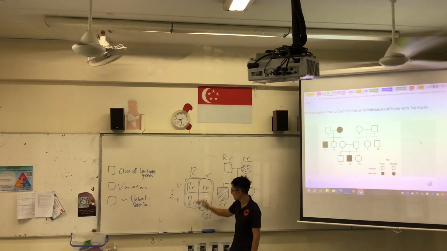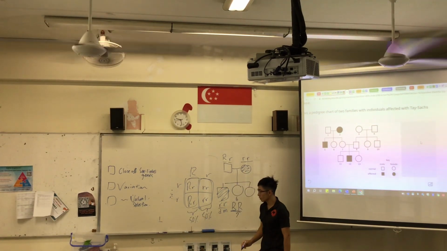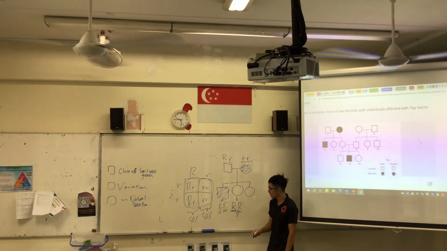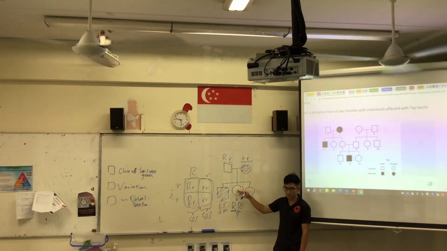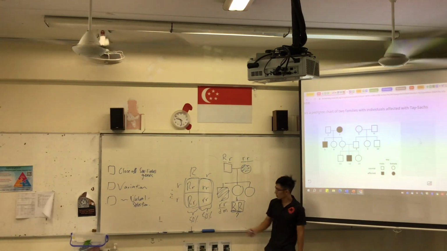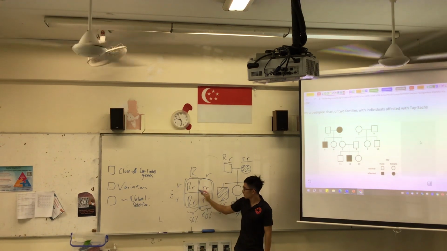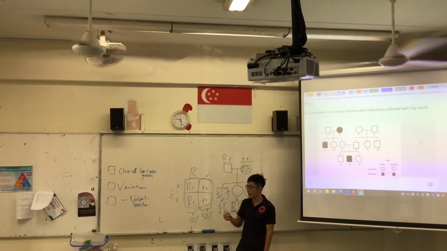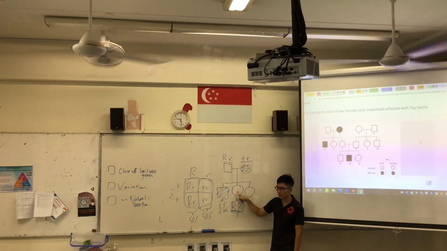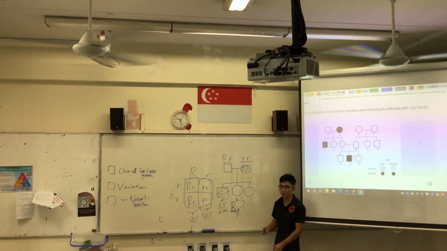There's also a 50% chance that the individual is not affected. The question is asking you, what's the probability that this individual who is not affected has this particular genotype? But actually, it's not even possible to get this genotype. As long as you are not affected, you will definitely be heterozygous. So the probability was 0%.